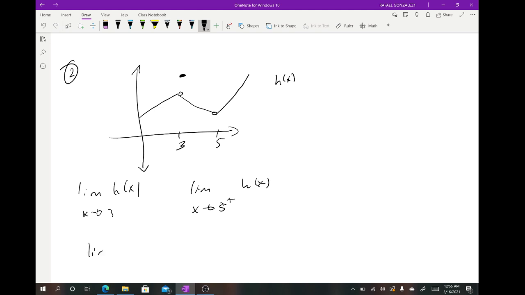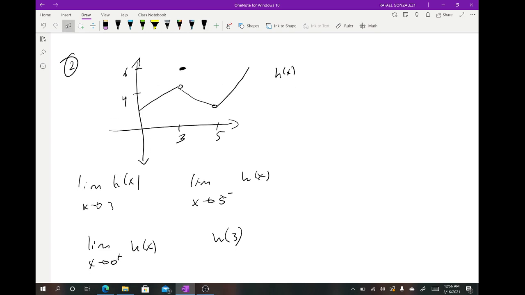Let me change this one to the left side, and this one from the right side of h of x. I could ask you what is h of 3, let's say, if I give you the value up here. Let's say this is 6, and let's say this is 4, and I could ask you what is simply h of 3.